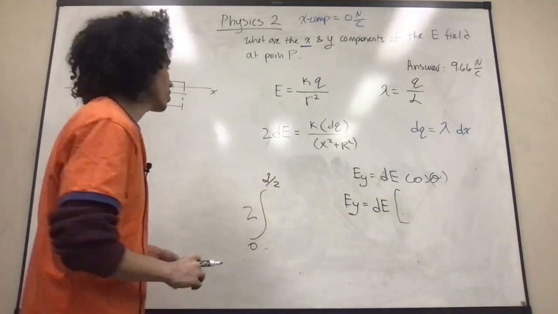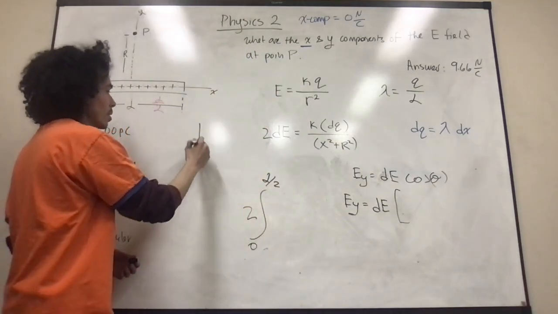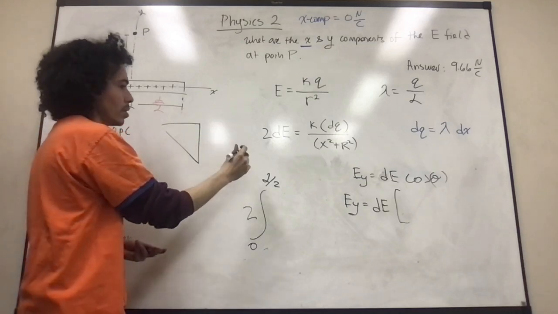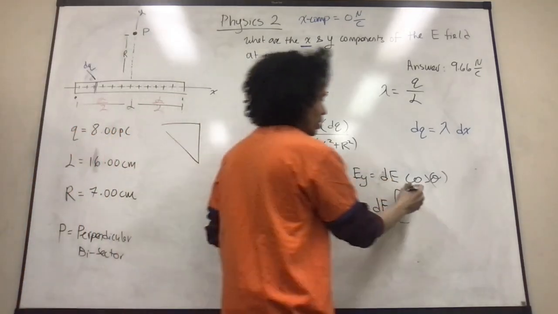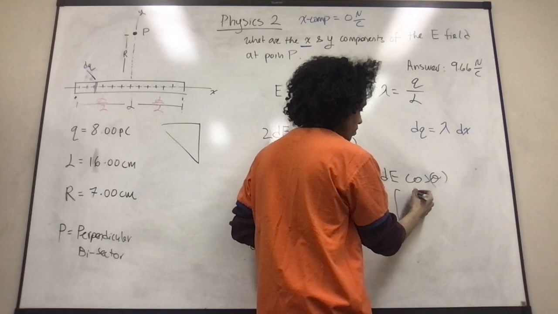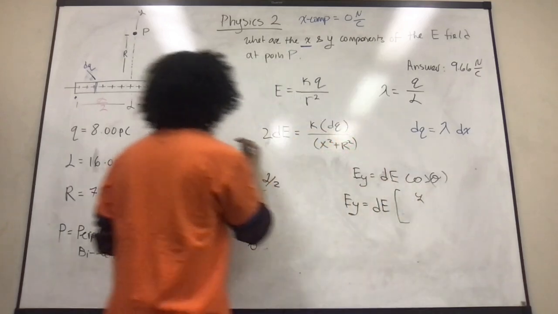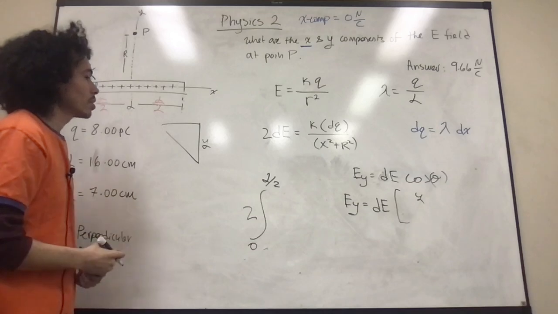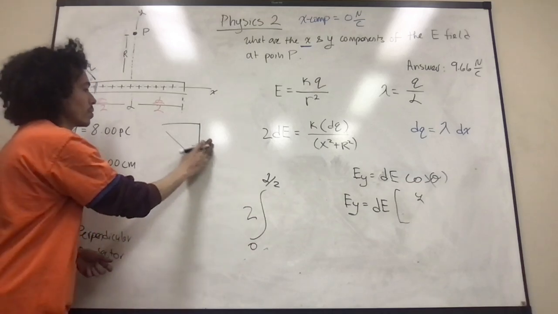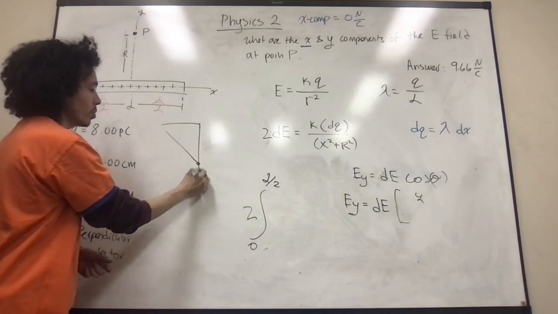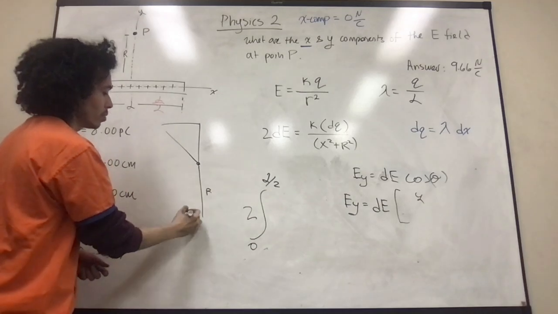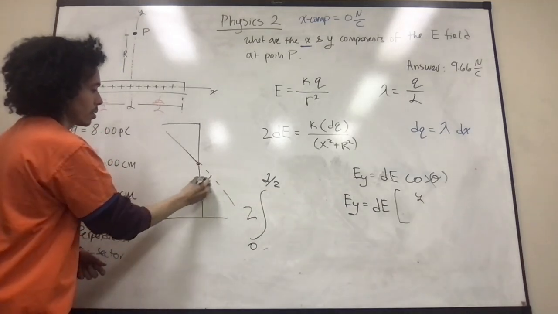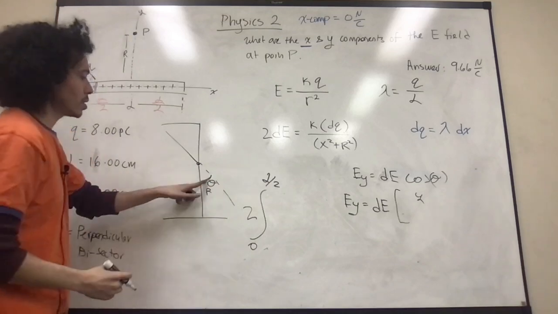What is cosine equal to? Well, in this case, cosine is equal to the y length over... No, that's not a good way to put it. The good way to put it is that when you're measuring from the rod, this is the theta we're measuring.